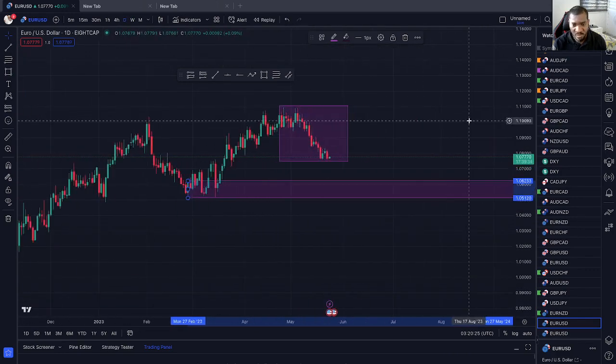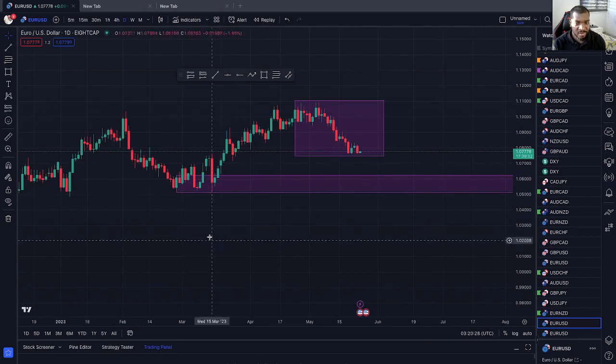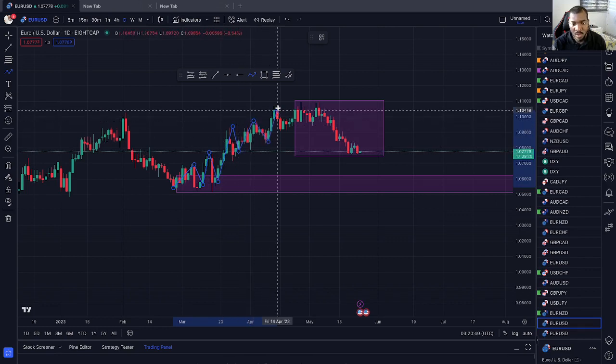Now you see exactly what we're talking about. Price started creating a change in direction. It started creating a higher high, higher low, higher high, higher low, higher high, higher low.